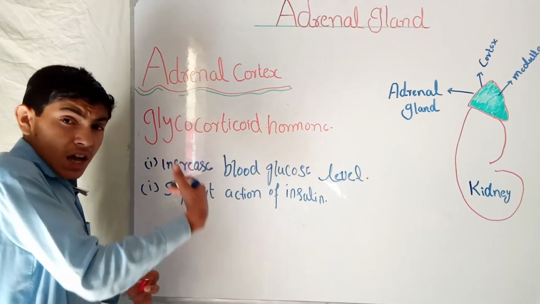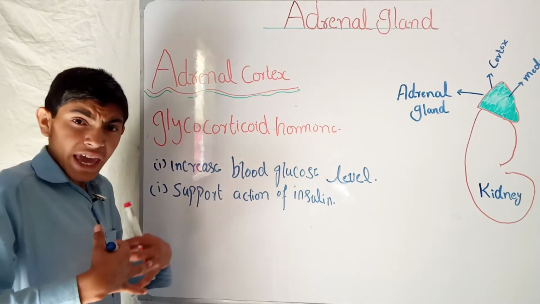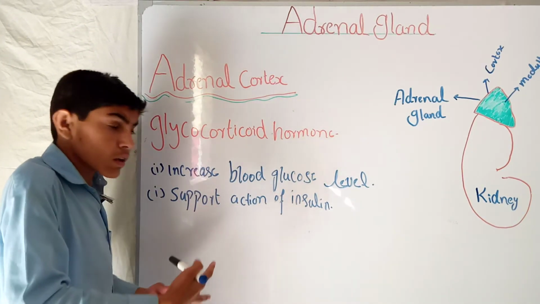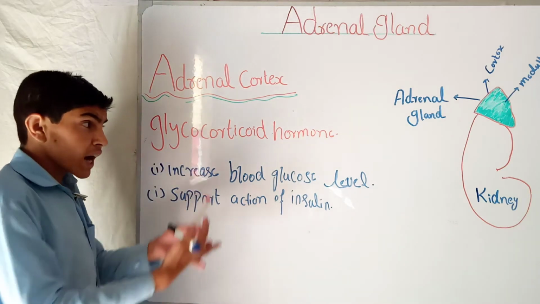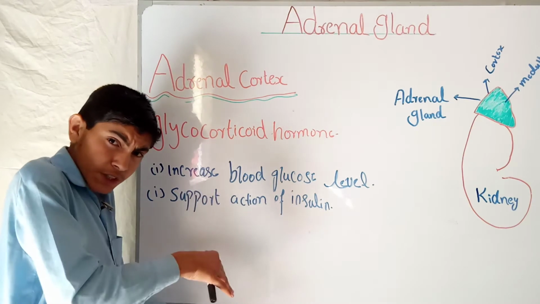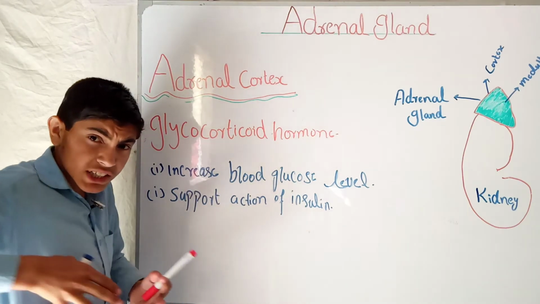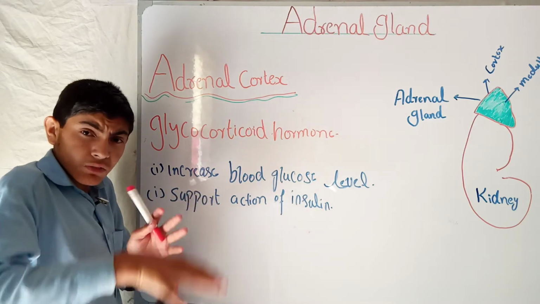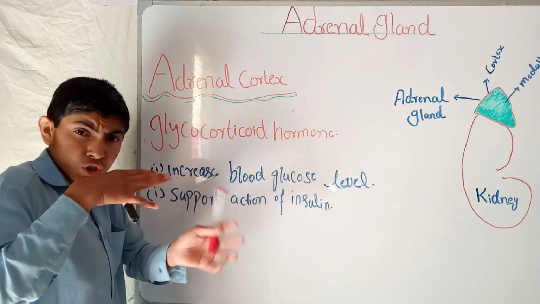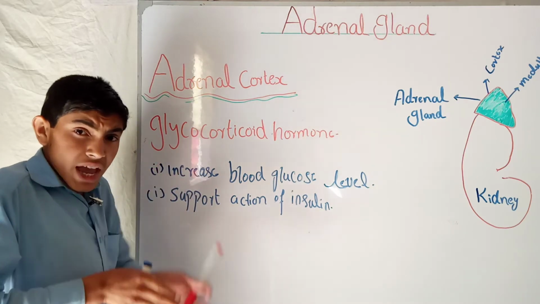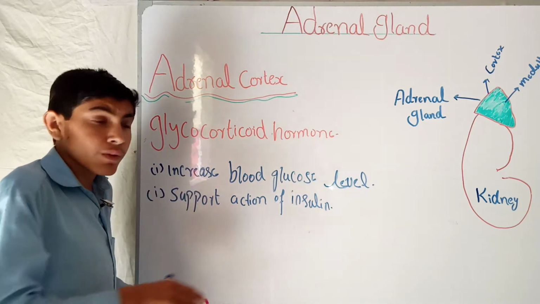It acts on the glycogen present in the liver and converts it to glucose. Since they are endocrine hormones, they are first absorbed into the blood vessels, and the blood carries this hormone to the liver, where the stored glycogen, which is a carbohydrate, is converted into glucose and increases the blood glucose level.